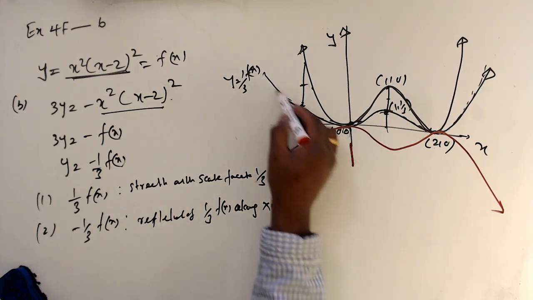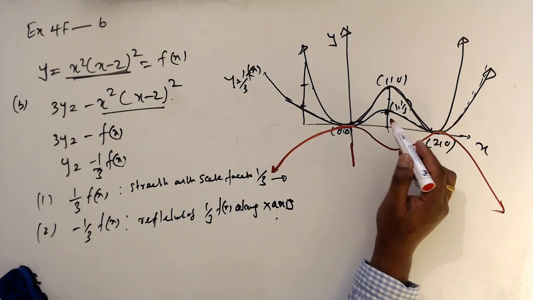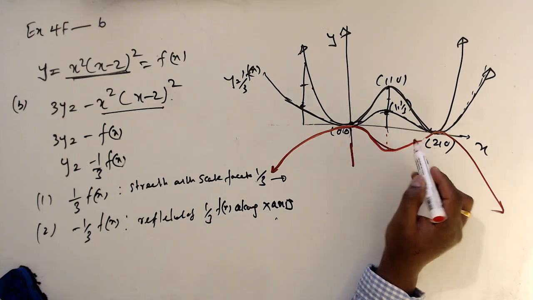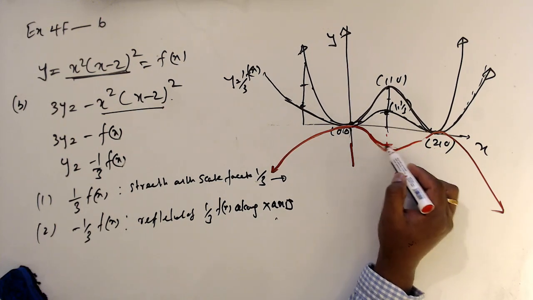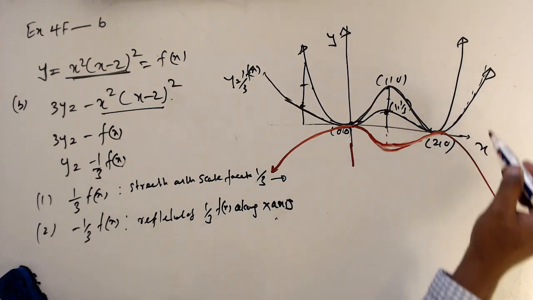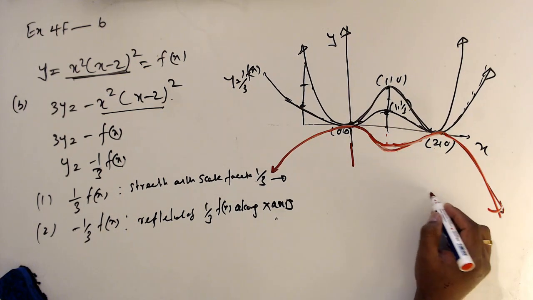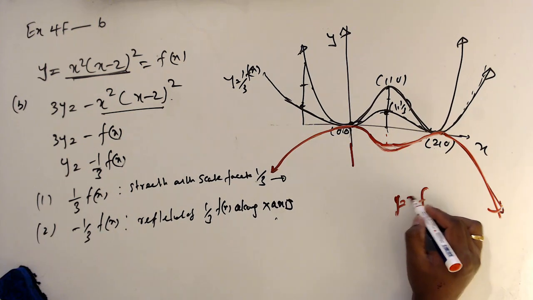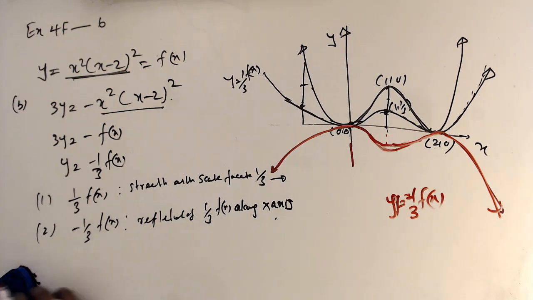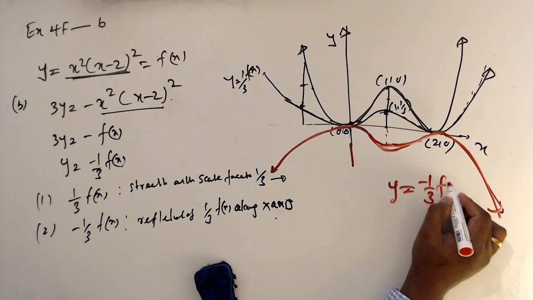This part is this one reflected, at the same height, same shape, and then this part is going to be this one. So this is going to be y equals minus 1/3 f(x).